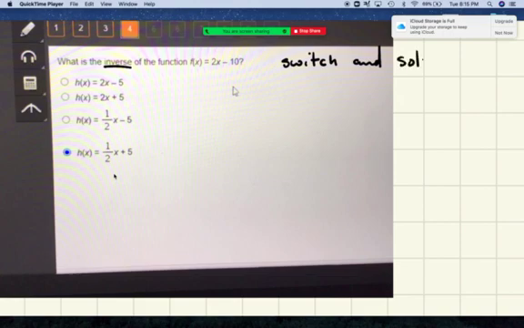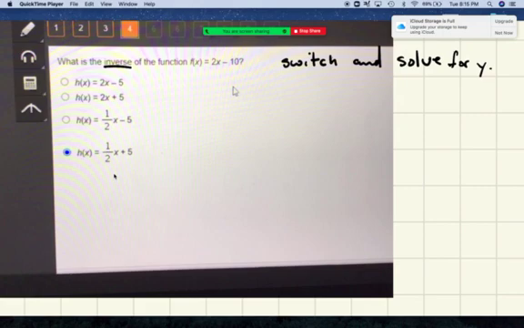And solve just means get the x by itself or get the y by itself. I think it's switch and solve for y. So that just means get the y by itself. But you'll see what it means in a second.